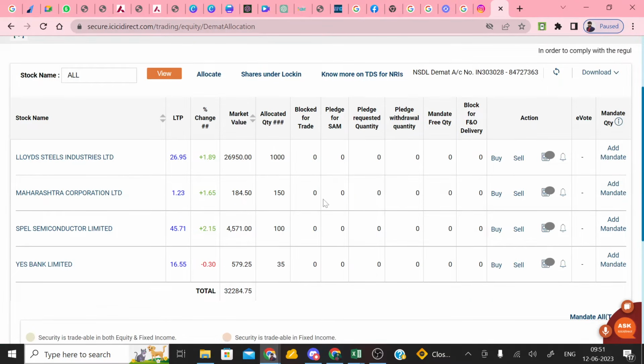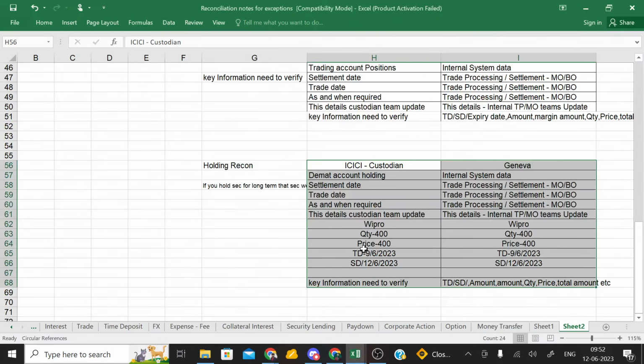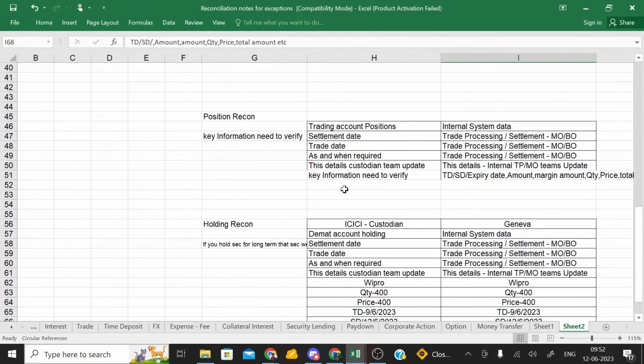Do you see any margin details or margin information? No, because we have paid the full amount to purchase it. You don't need to worry about margin again and again. So with the demat or holding recon, you need to check trade settlement amount, quantity, price. That's it.